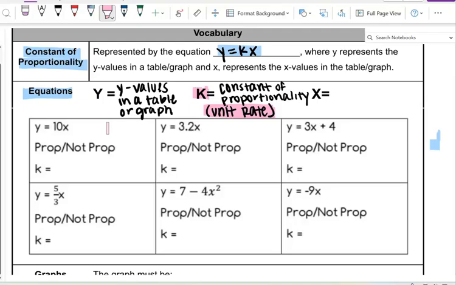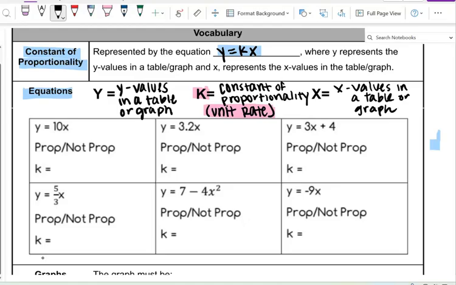So when we were dividing to find what it would cost for 1 or what it would be for 1, that's our unit rate. So throwing it back all the way to 5.2. And now we have that in our equation, which is represented by k. Our x is equal to our x values in a table or a graph.